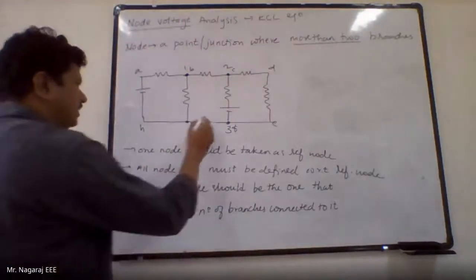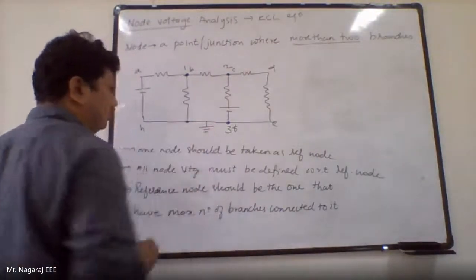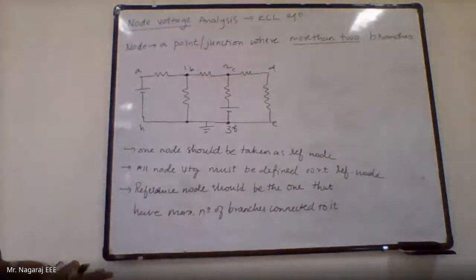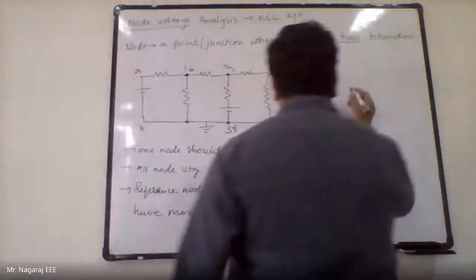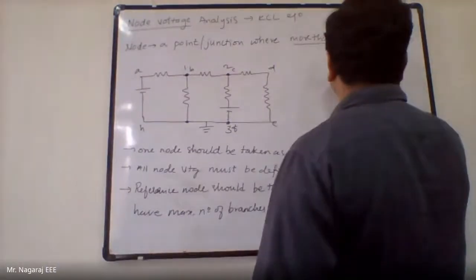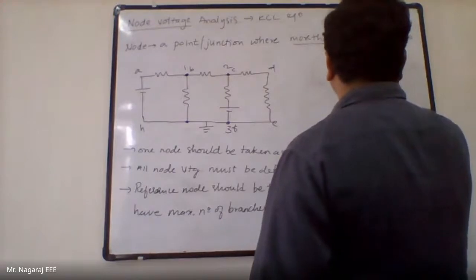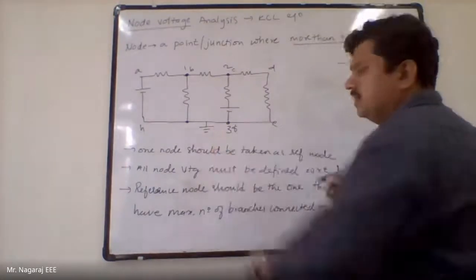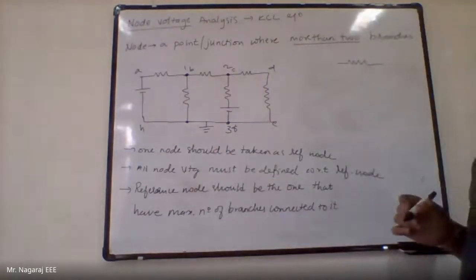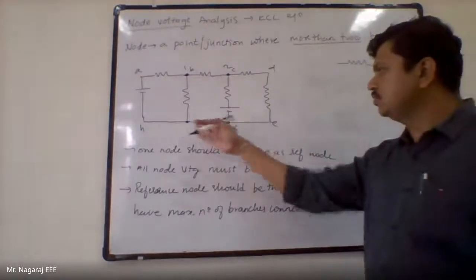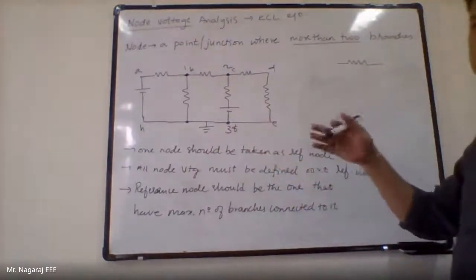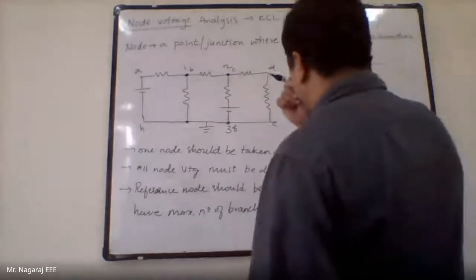Now I will be taking this entire circuit as reference node. If you want, you can redraw the circuit. If you want to visualize this reference node as only one point in the circuit, because it now consists of 2 to 3 points, you can do that.